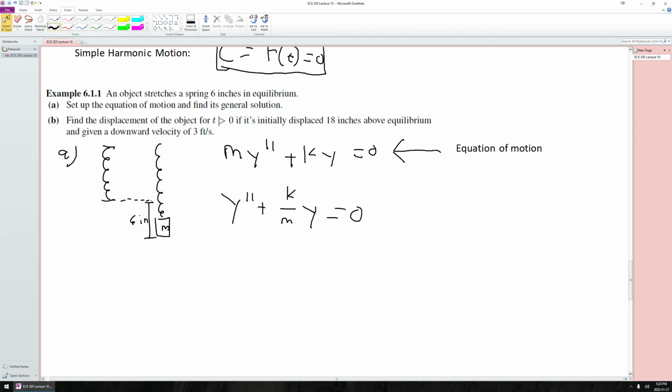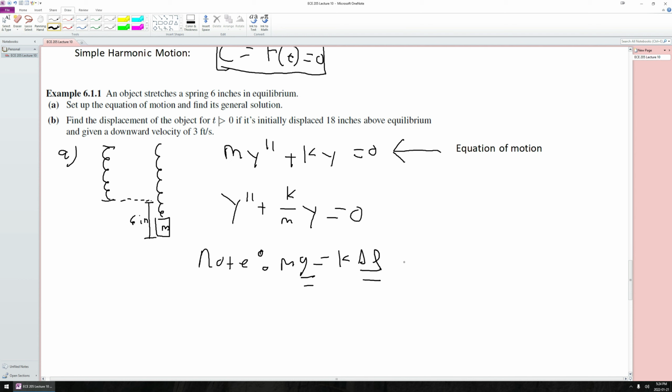Here I would note that mg is simply equal to my k times delta L. And here I know what g is, g is gravity, and I know what delta L is because it was told to me up here, 6 inches.